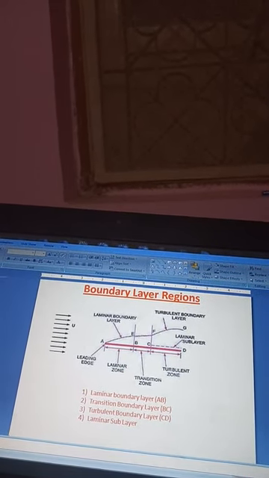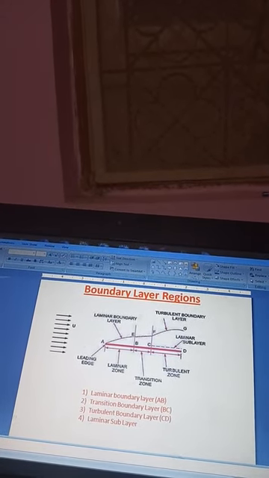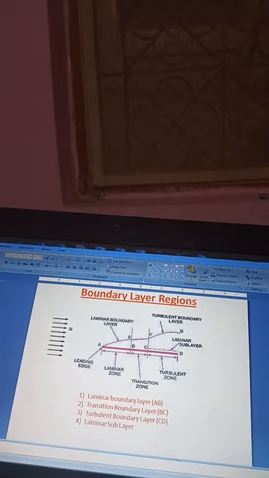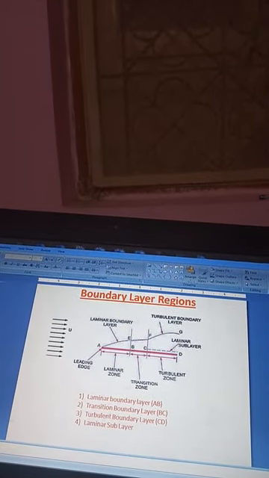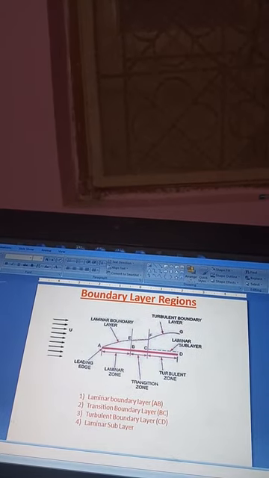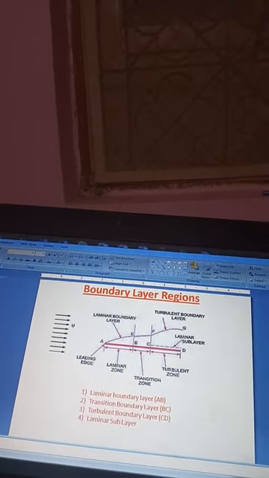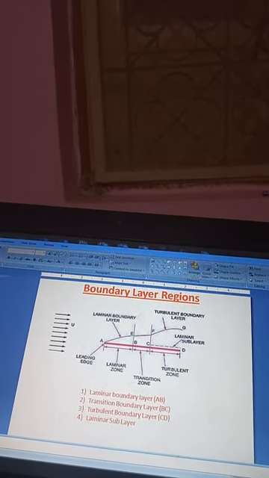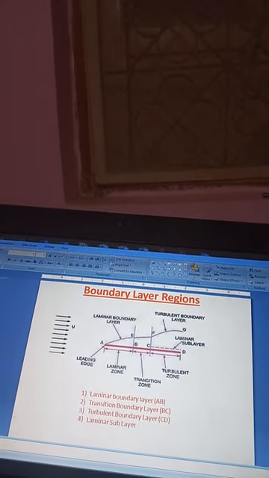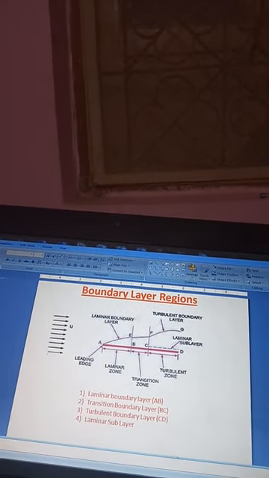So here also, when the velocity is less in the initial condition, the boundary layer is called a laminar boundary layer. As you go further along the length of the plate, the velocity goes on increasing, so that layer becomes the transitional boundary layer, and the last layer where the velocity is maximum is the turbulent boundary layer.